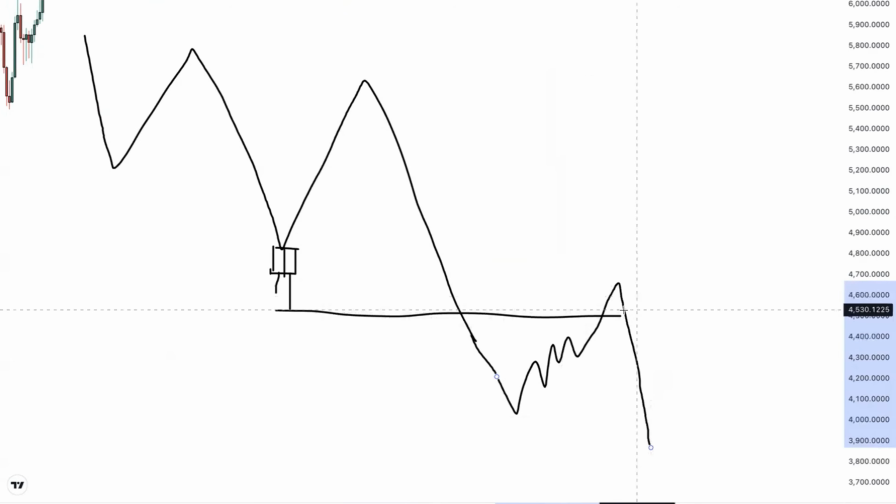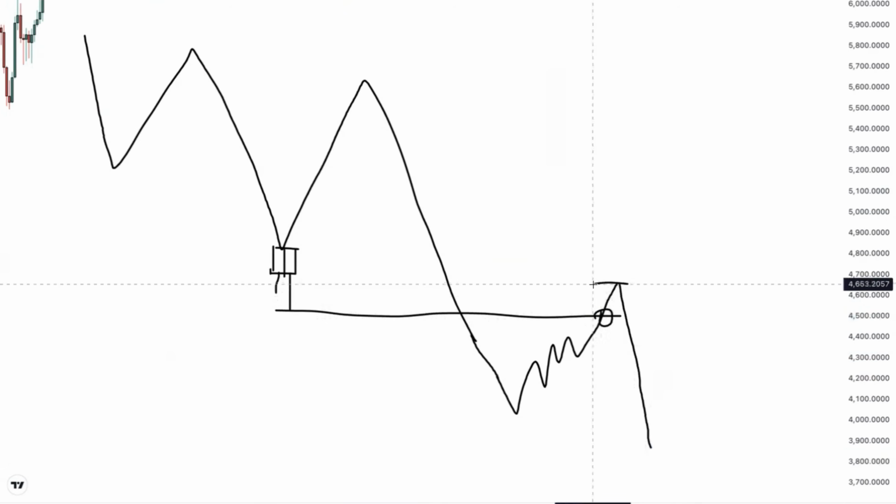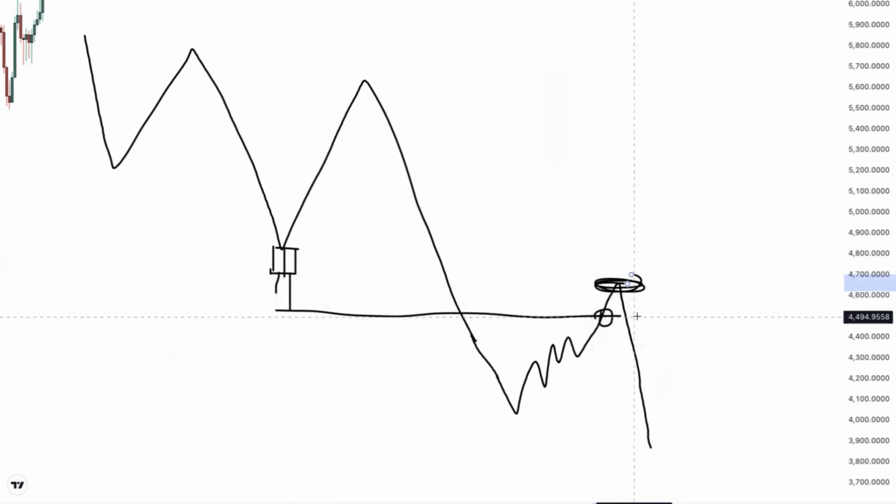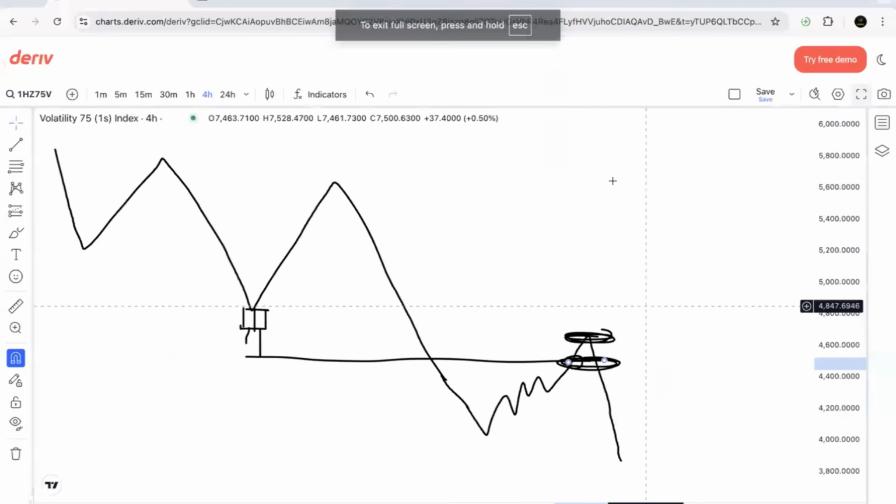So instead of placing our trades right here, why shouldn't we place our trades right here? We can actually look for an entry and place our trades here instead. I'm going to show you how we usually look for an entry at this point. We usually call it the hidden structure.